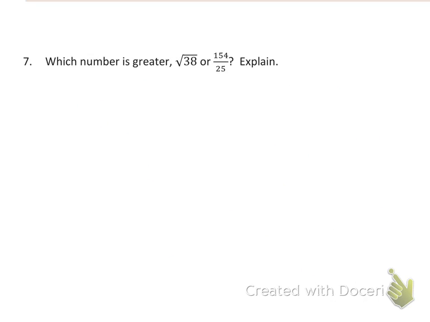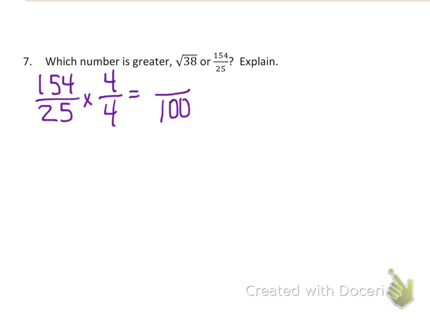Okay, so in number 7, I'm going to want to compare the decimal representation of these numbers. So I want to write them both as decimals. I could do long division with this one, but because my denominator is 25, I know that if I multiply by 4/4, I'm going to get hundredths in the denominator, which is going to help me write this number as a decimal number.